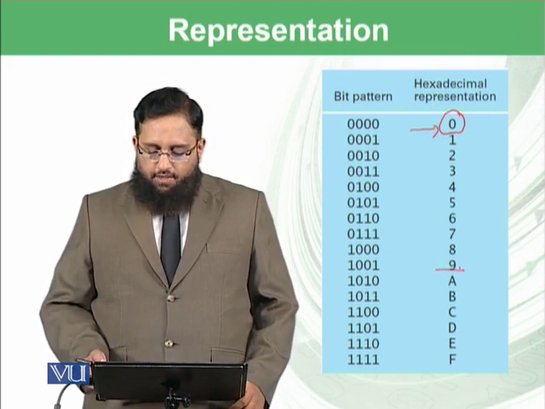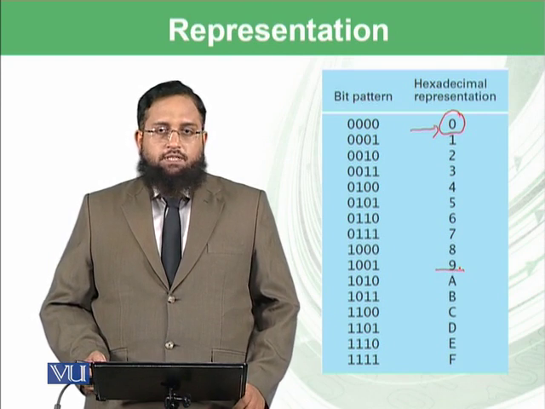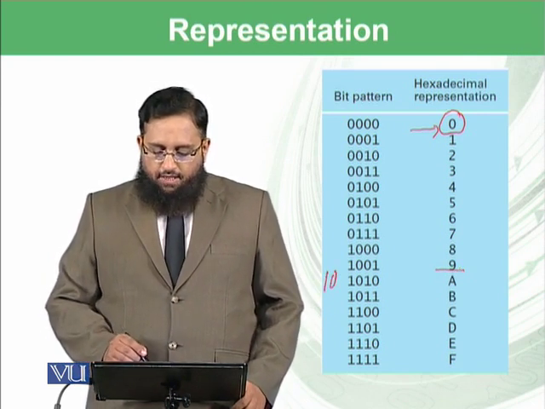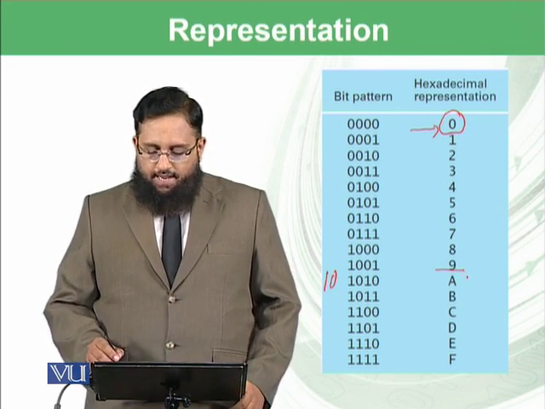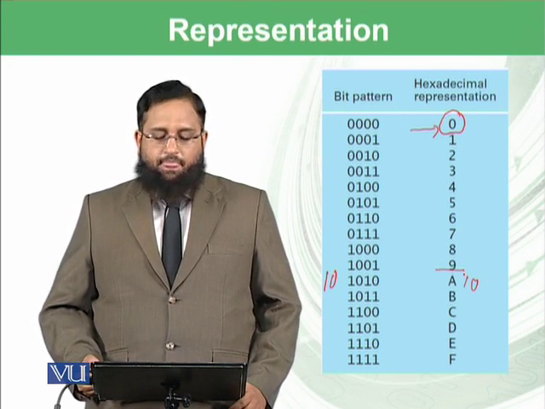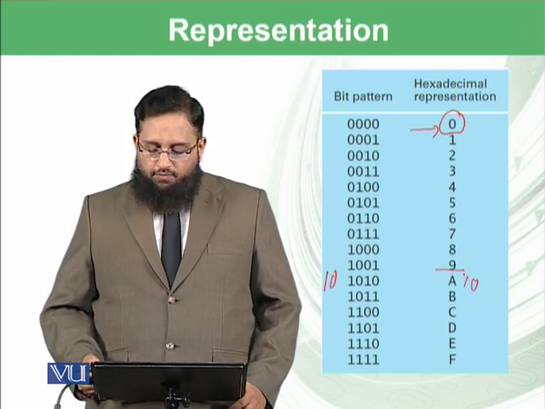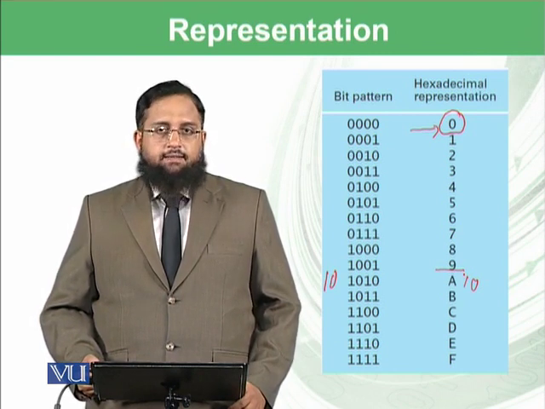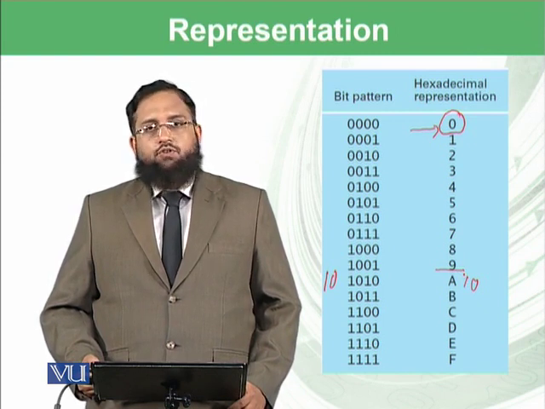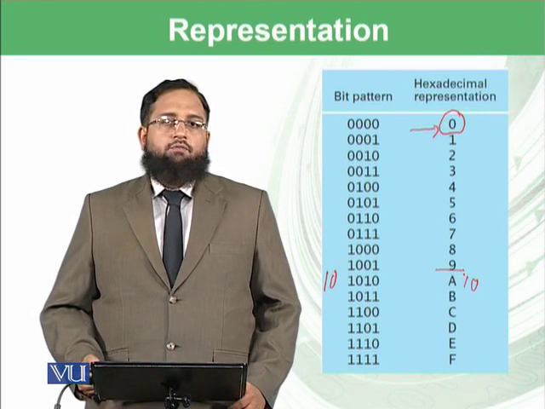After that we have 1010, which is basically 10. But if we write 10 here, then we are not going to save one symbol in hexadecimal notation. So that was our motivation, that for each bit pattern there should be only one symbol.